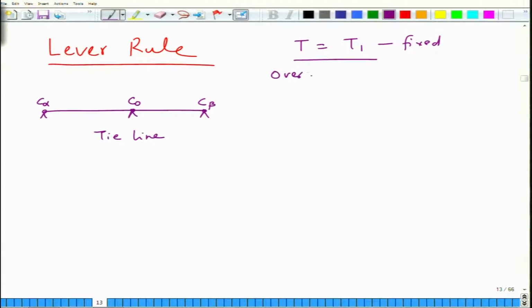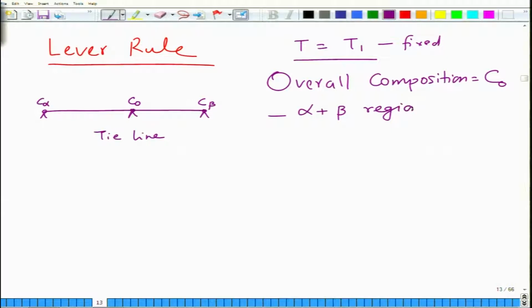Overall composition C naught. Now it is a two-phase equilibrium, which means you have an alpha plus beta region, alpha phase of composition C alpha and beta phase of composition C beta.